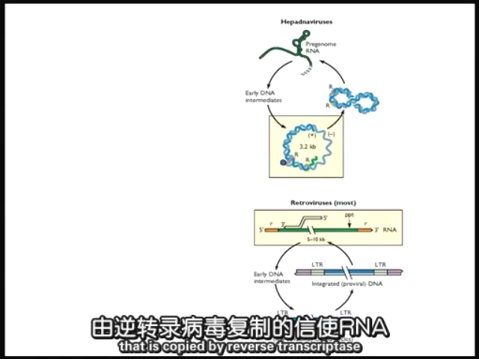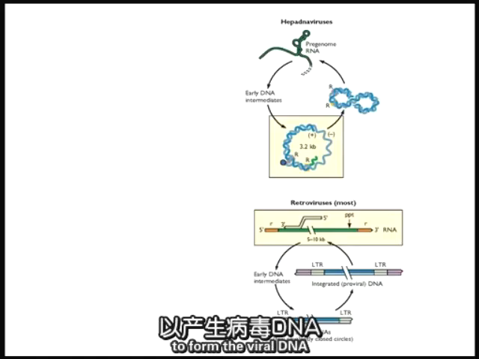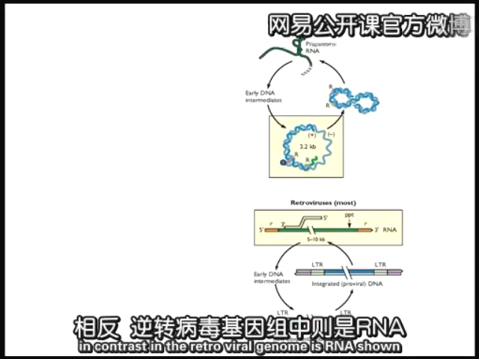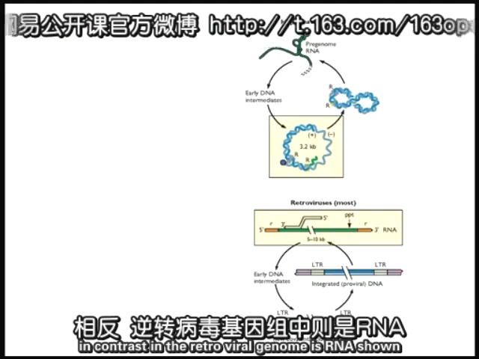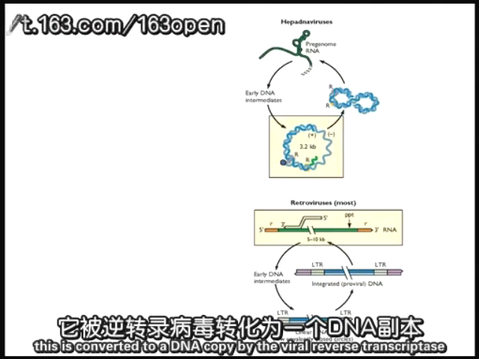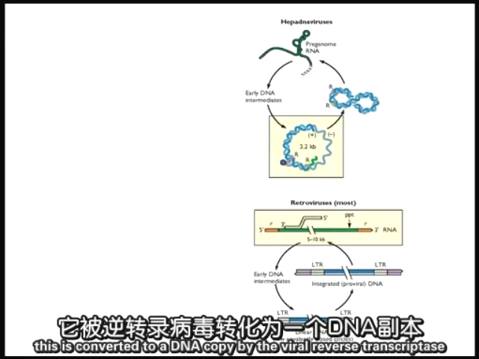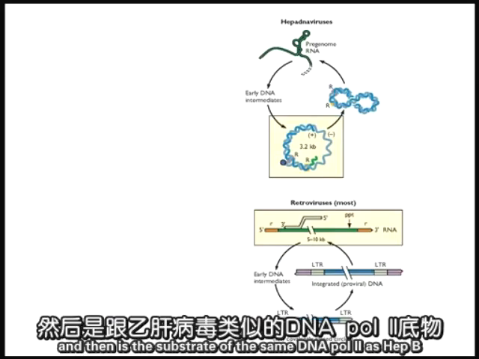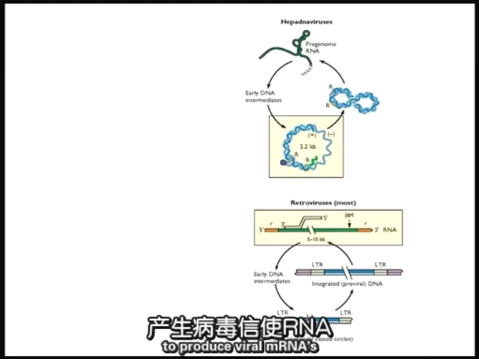That is copied by reverse transcriptase to form the viral DNA. In contrast, the retroviral genome is RNA, shown at the bottom. This is converted to a DNA copy by the viral reverse transcriptase. The DNA integrates into the host cell and then is the substrate for the same DNA pol II as Hep B to produce viral mRNAs.